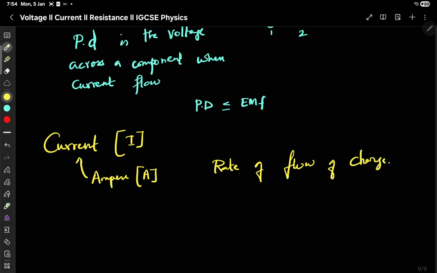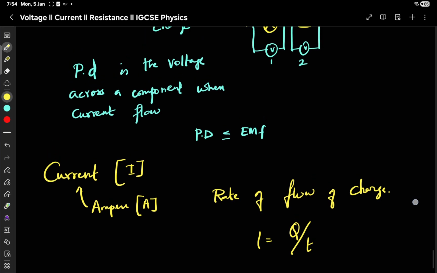Greater the flow of charges with respect to time, greater the current. So the formula for current will be Q over T, flow of charges per time. If the charges are flowing in less time, then we can say higher current. If less charge is flowing in the given time, then the current is less.